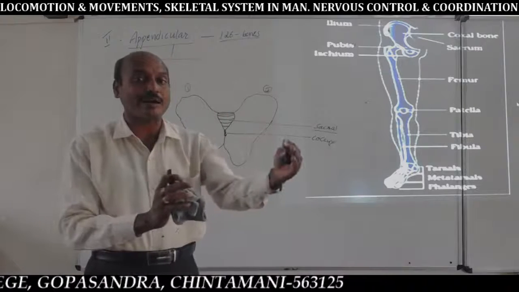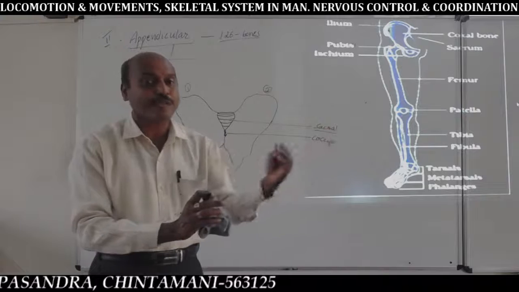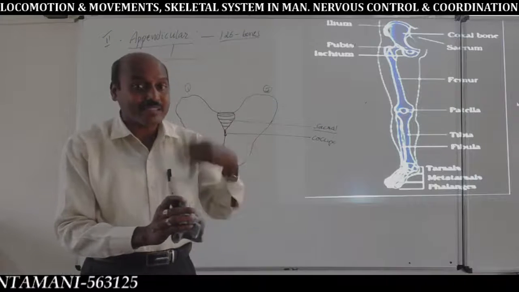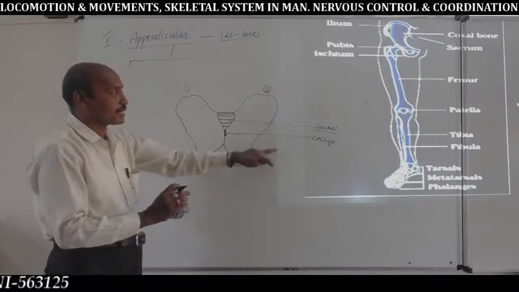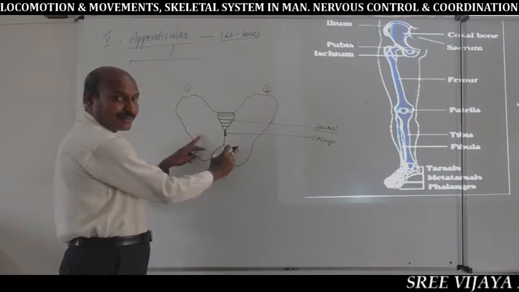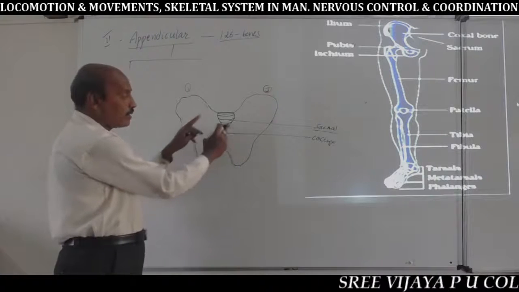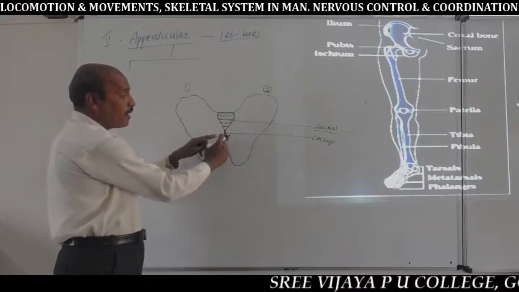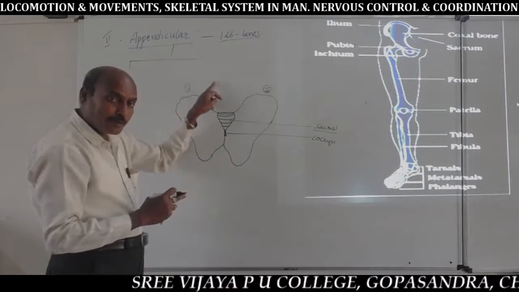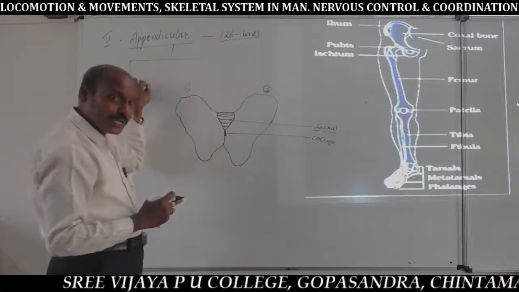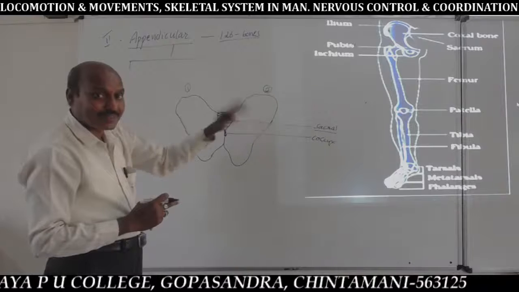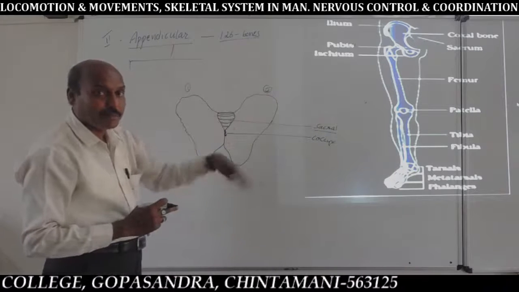But our topic is the appendicular skeleton. So excluding the sacrum and coccyx, we include the pelvic girdle. You should remember this statement clearly. Listen here, the sacrum bone and coccyx bone are parts of the vertebral column in the axial skeleton, the first type of skeleton. In the appendicular skeleton, the second type of girdle is the pelvic girdle.